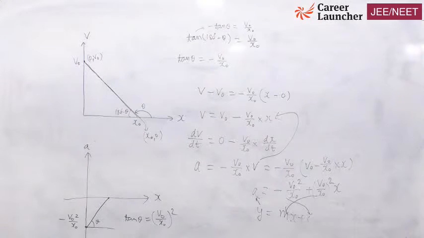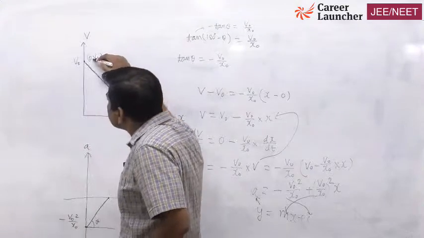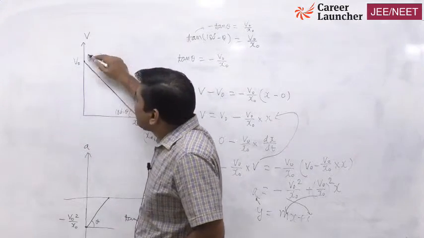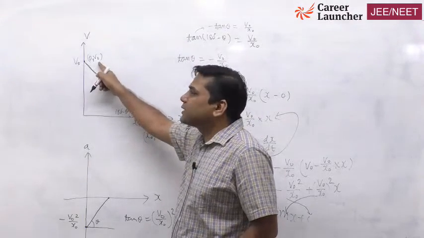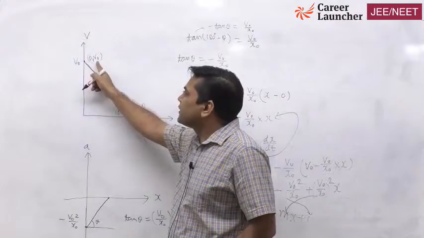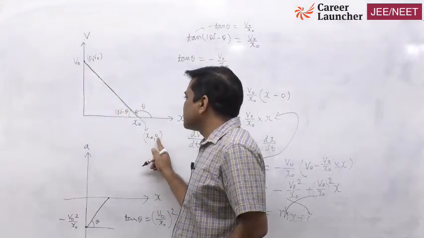Preeti Jay is asking one question, why didn't we take x naught as x1? See Preeti, just have a look. This is the first point and this is the second point. The x and y coordinates: here the x coordinate is 0 and y is v naught, and this is x naught and 0 in this case.